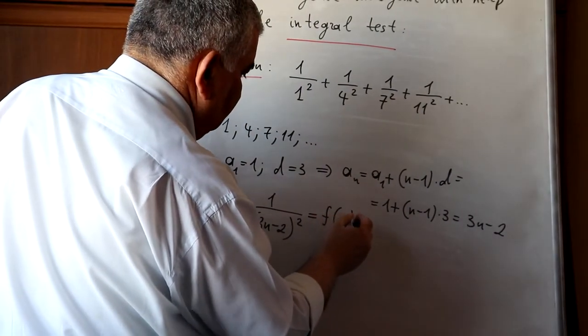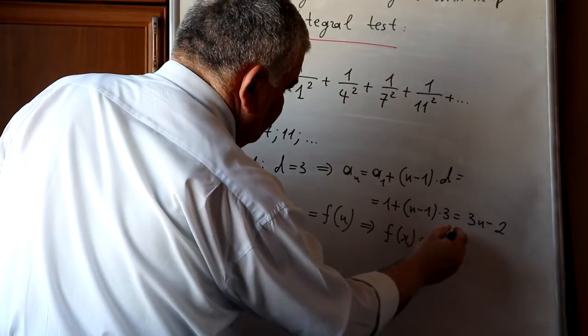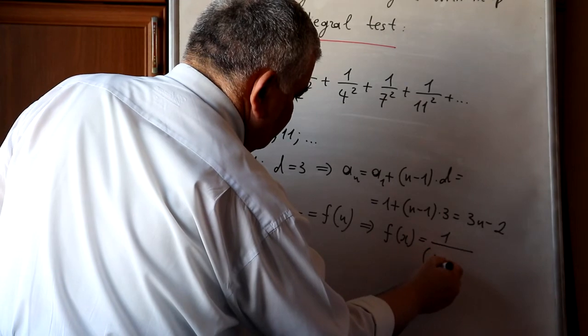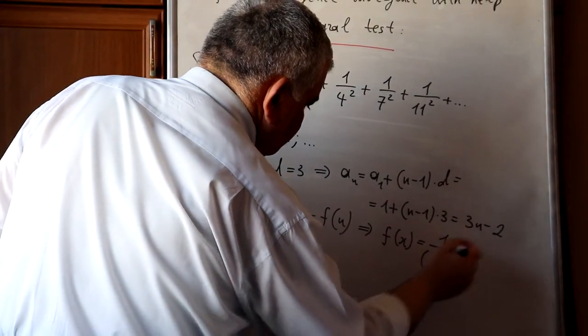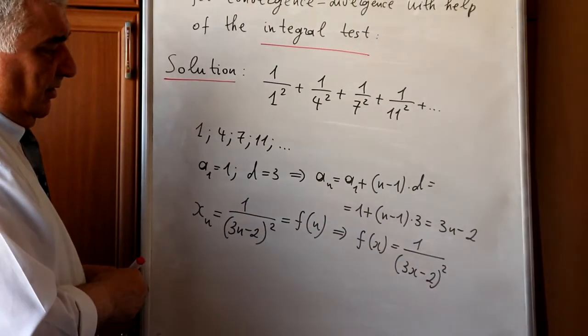Then we can obtain f of x. From here, f of x is 1 over 3x minus 2 squared.